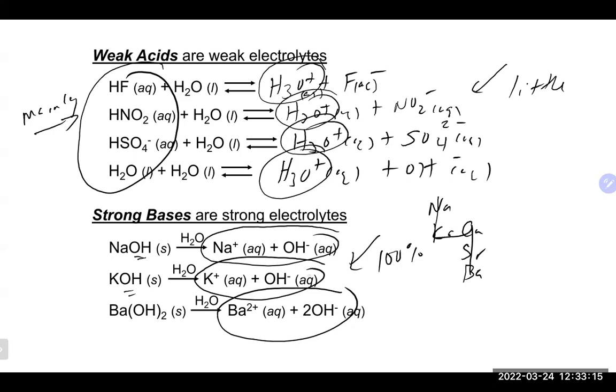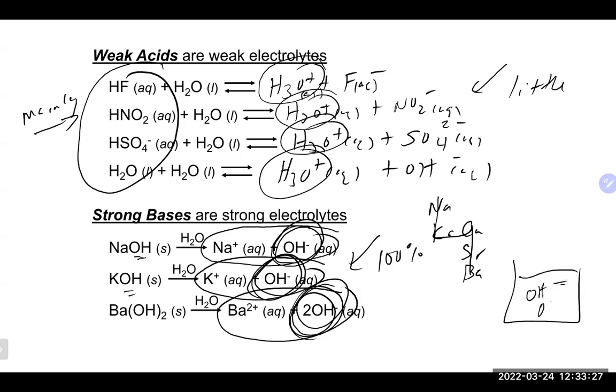And what makes these guys all strong bases is that as soon as they go for a swim, they produce a bunch of free OH minus in solution. OH minus concentration goes up, H plus concentration goes down, pH goes up, towards basic. And that's why they're very strong bases.